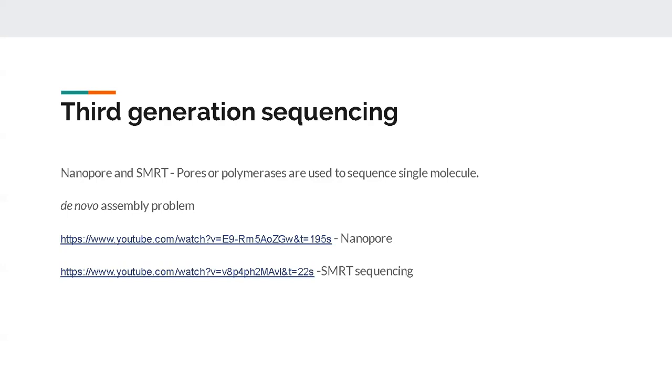Because of this function of third generation sequencing, we can achieve a good de novo genome assembly, because this gives you longer reads. Up to 10 kbs of reads can be obtained by third generation sequencers, as opposed to next generation sequencers, which can only give you very short reads up to 250 base pairs.